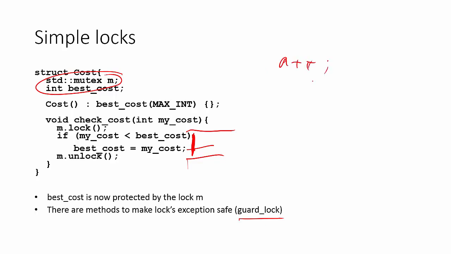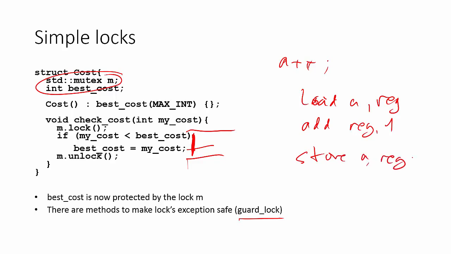A++ will load A to a register, you will do an add operation on this register, and then you store this register to A. So you have at least a sequence of 3 instructions to do this A++.